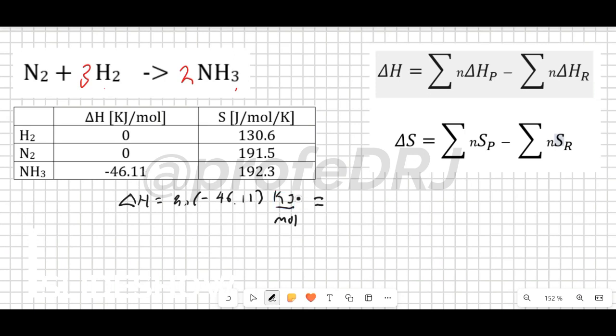So this is equal to minus 92.22 kilojoules, no more. Why no more? Because 2 is moles, so suppose here is mole, cancel those values.